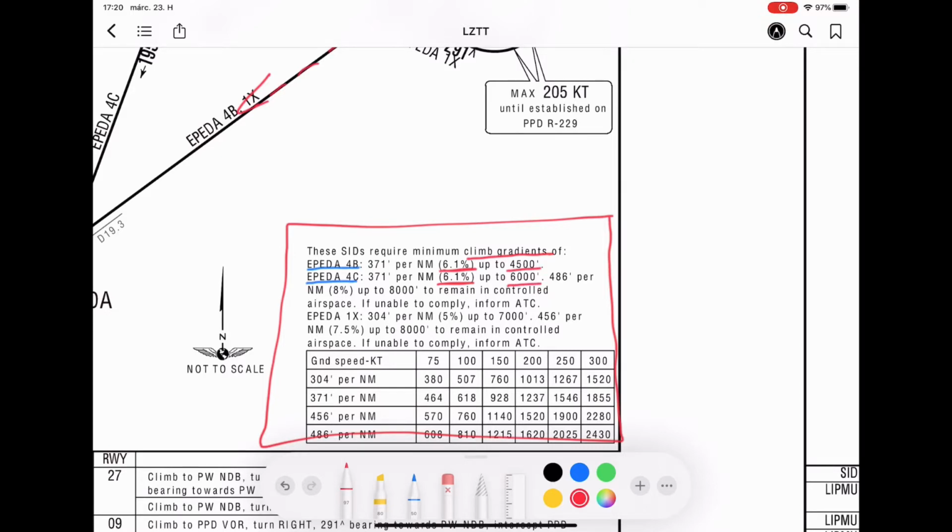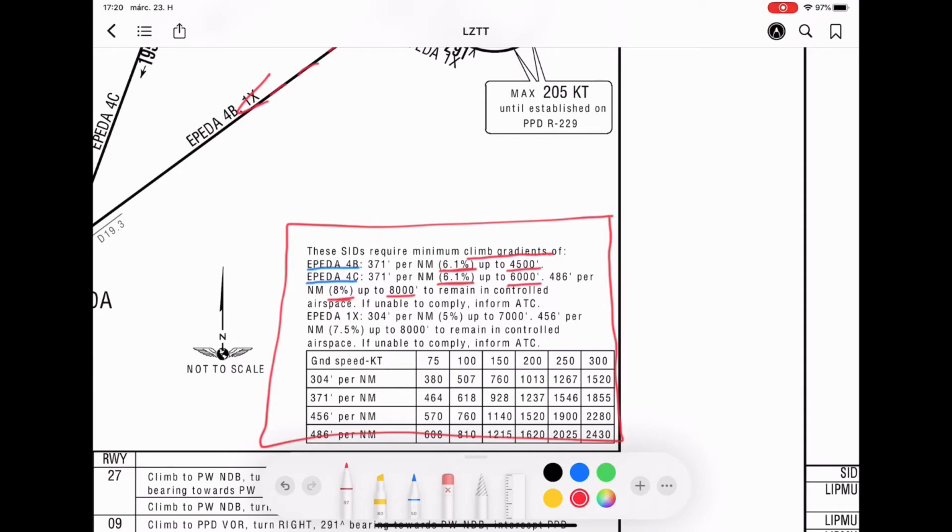And the ATPL 4 Charlie, interesting, up to 6,000 feet, it has a 6.1 requirement, and after that, up to 8,000 feet, an 8% gradient requirement. So it means that at a higher altitude, you have a higher gradient requirement to remain in controlled airspace.